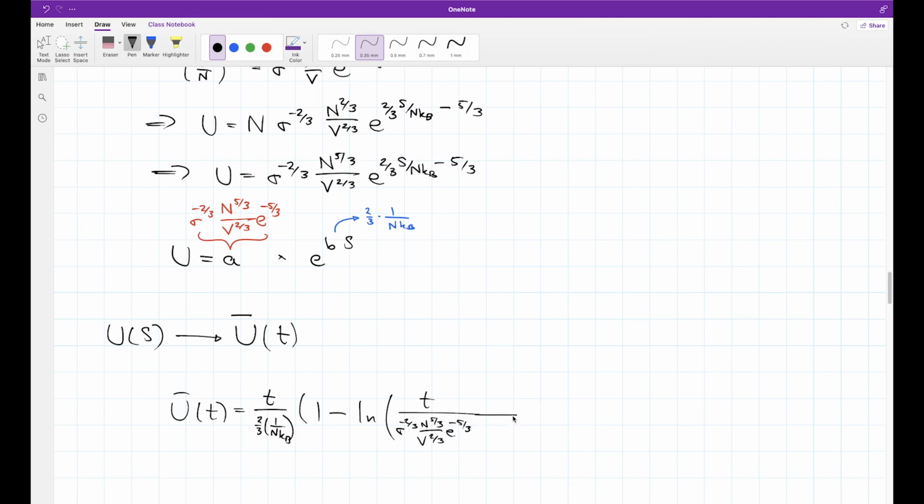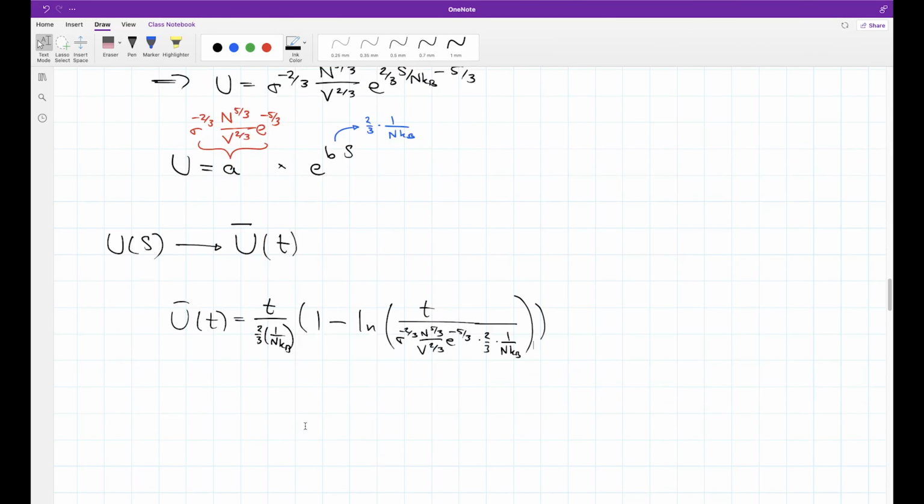And then B is 2/3 1 over N k_B. Wonderful. And something sort of interesting happens. At least we get 3/2 N k_B t times 1 minus log of a bunch of stuff times N k_B t.